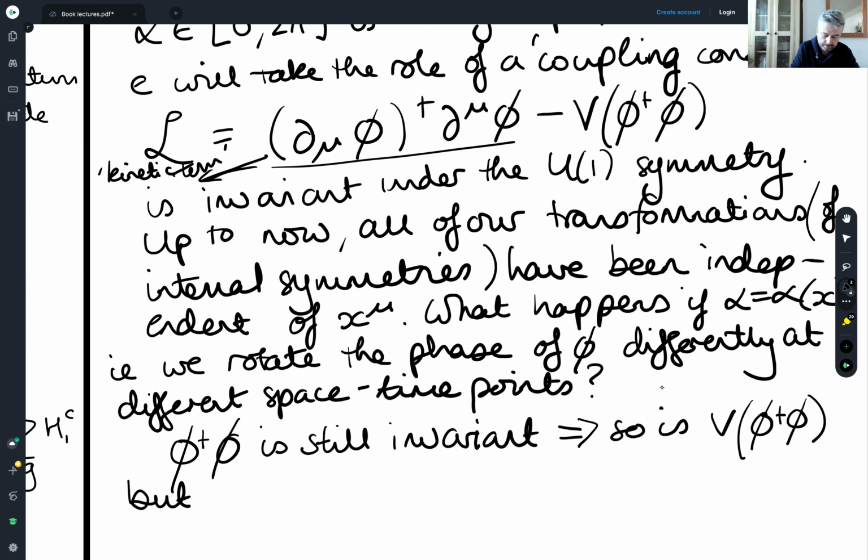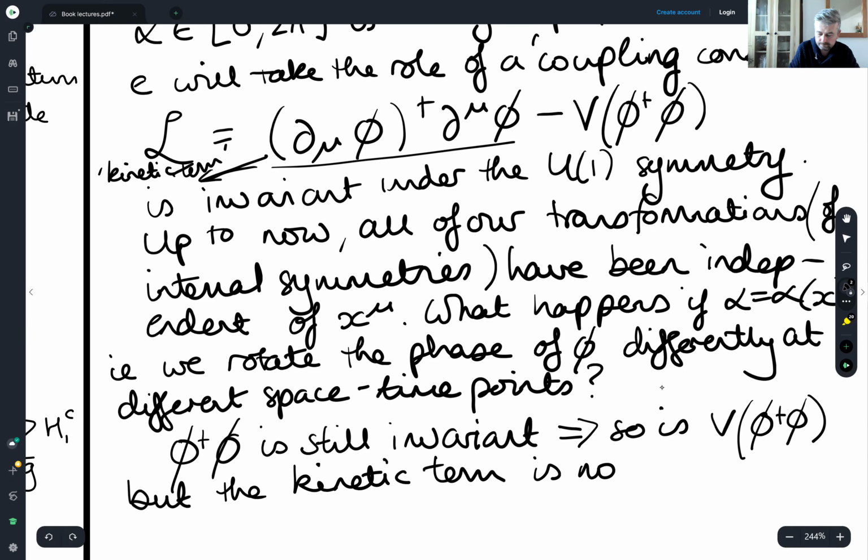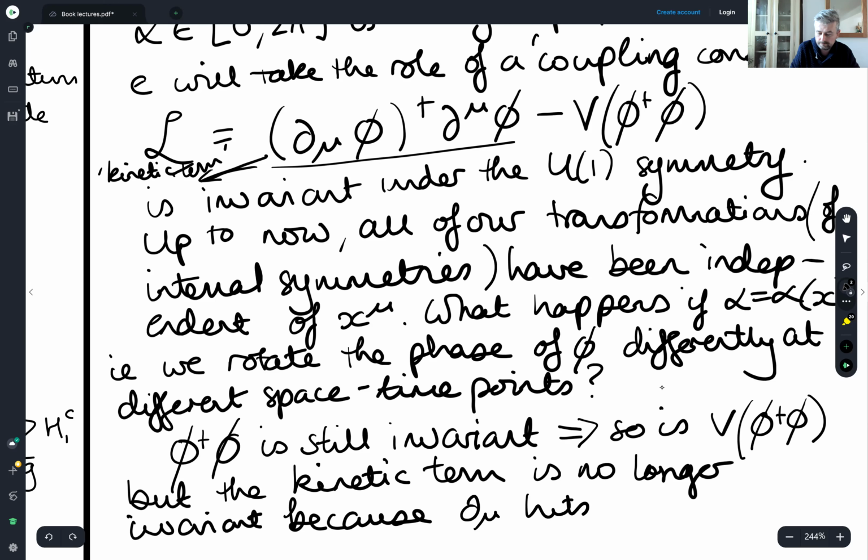And the kinetic term isn't invariant any longer, because the d mu hits the alpha, which is a function of x.